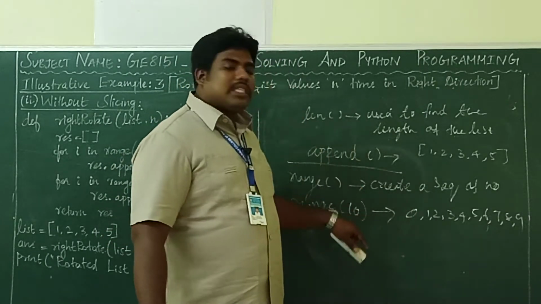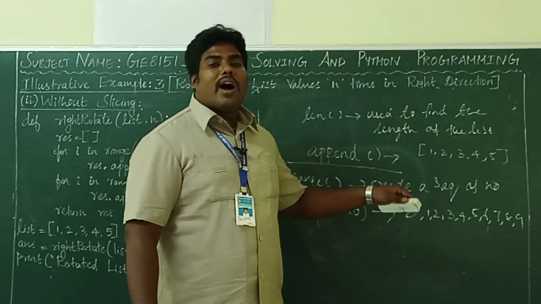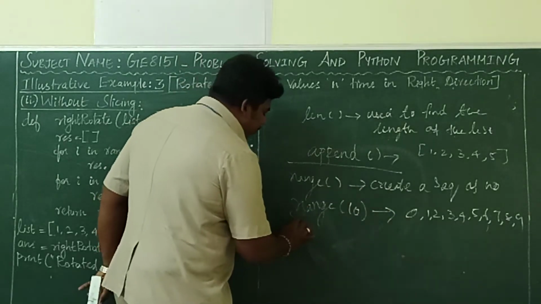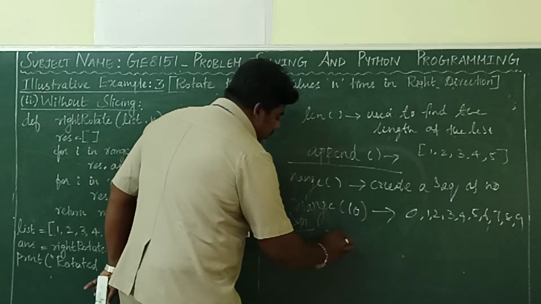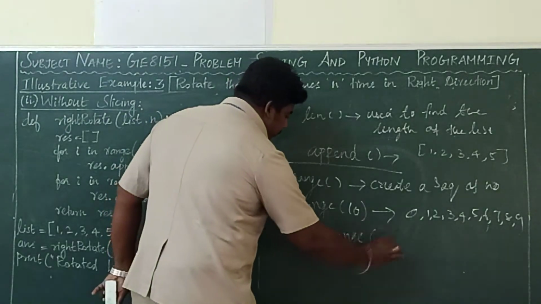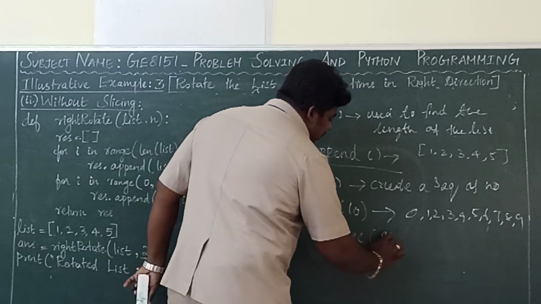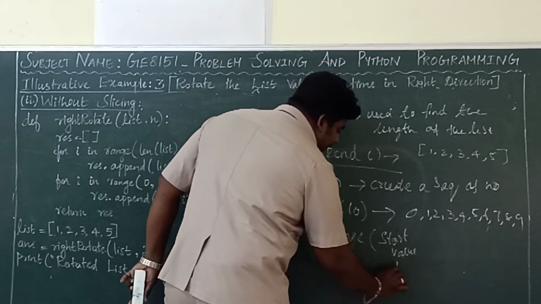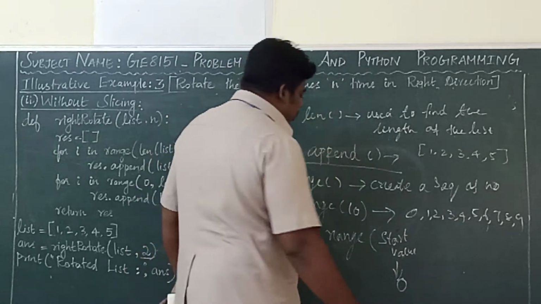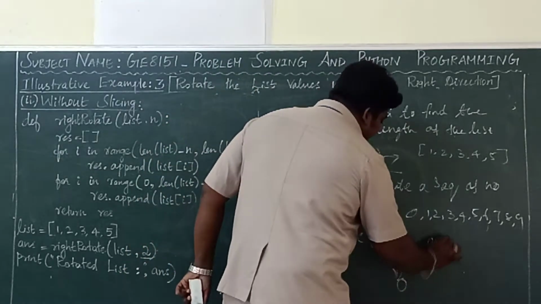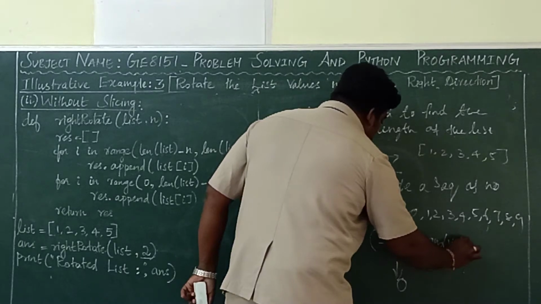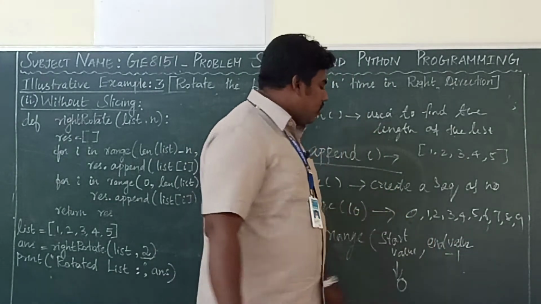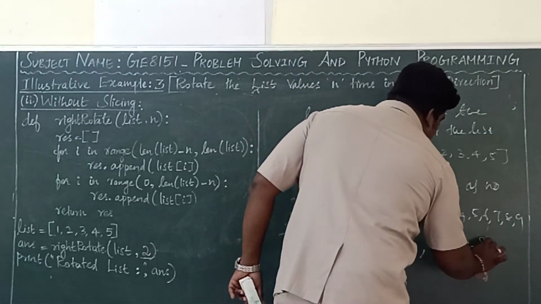Range is used to create the collection of numbers, and one more purpose is that it is used along with a for loop. The syntax of range is range of start value, where the default value of start is 0, comma, end value minus 1, comma, step size.